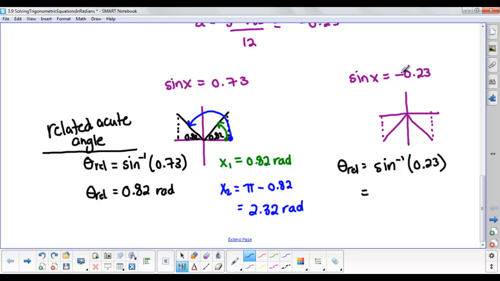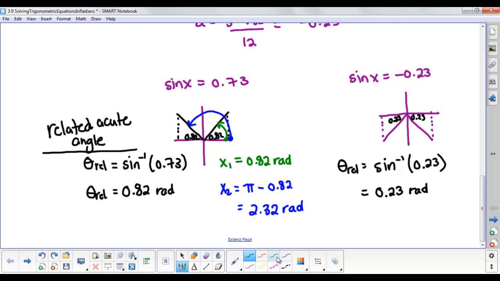We took care of the negative part by drawing the lines in the quadrants where sine is negative. Okay, so sine inverse of positive 0.23 gives you 0.23 radians. So that tells me that in both of these angles here, we have 0.23.